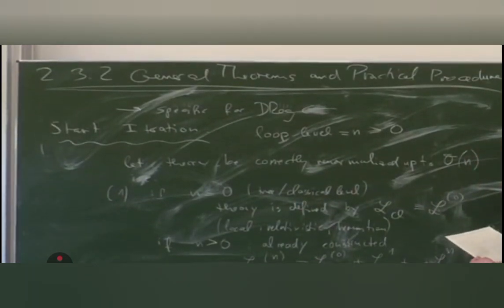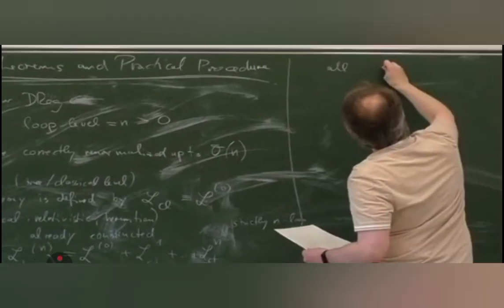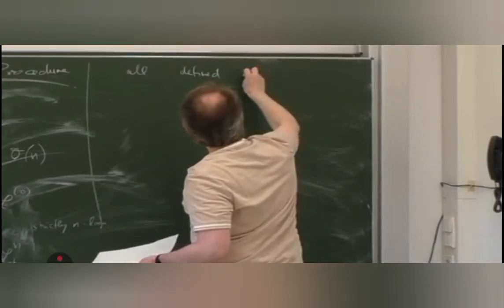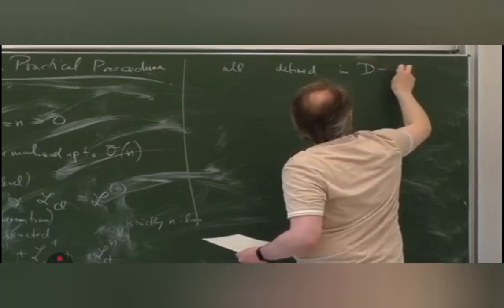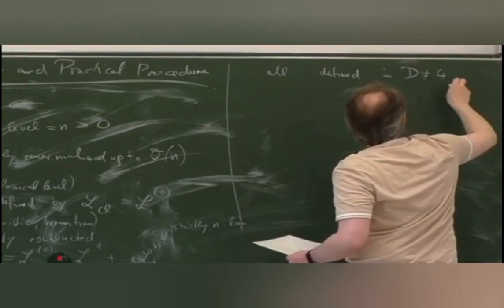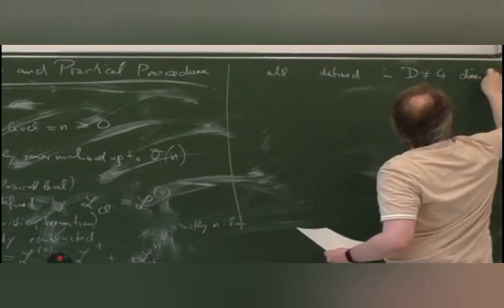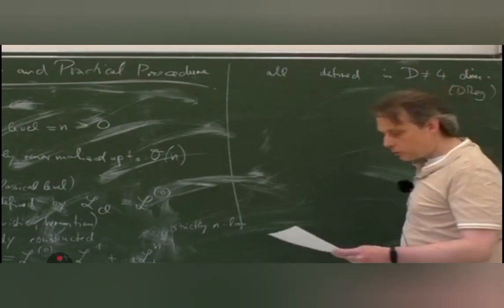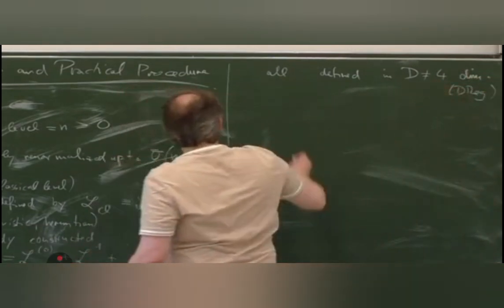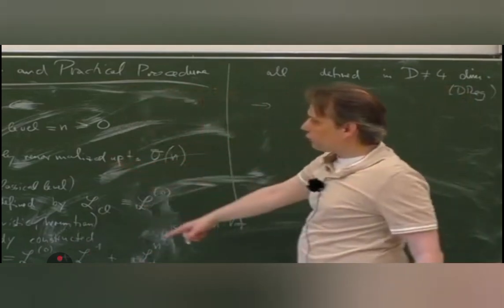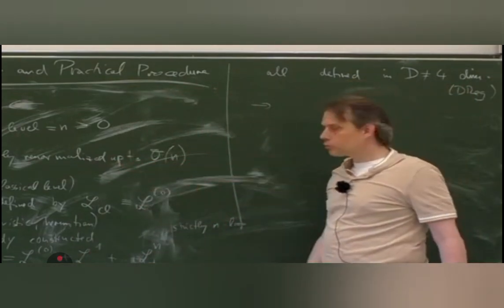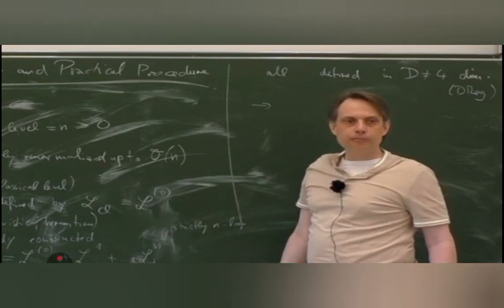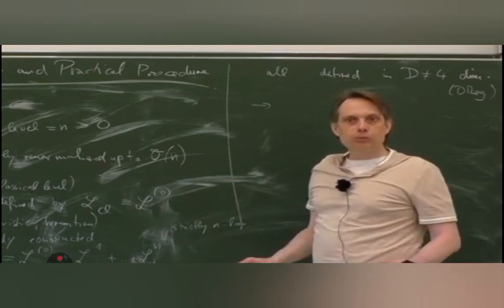And all of these Lagrangians are defined, since we work in dimensional regularization, in d unequal to 4 dimensions. So in all these cases, regardless whether we work at tree level or at higher orders, we have a Lagrangian at our disposal, and the Lagrangian generates Feynman rules in the usual way.